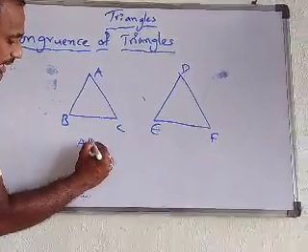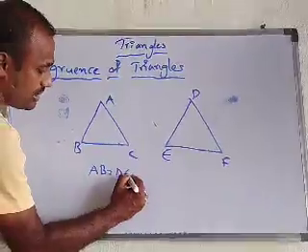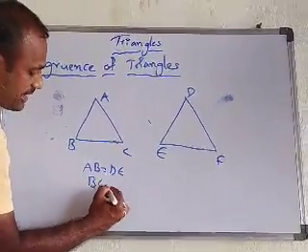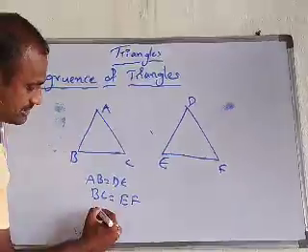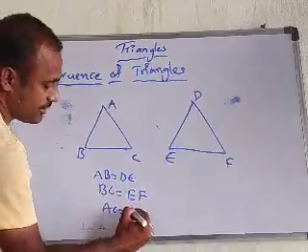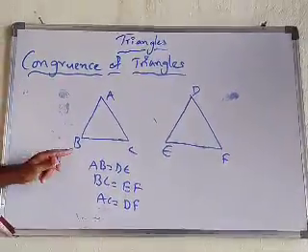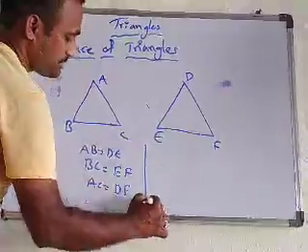It means AB side is equal to DE side and BC side is equal to EF side and AC side is equal to DF side. These are the corresponding sides and corresponding angles.